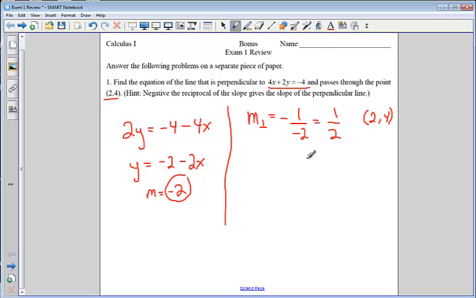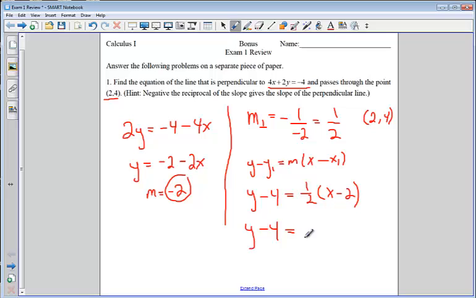And once I have slope and point, I can use point-slope form, so y minus y1 equals m times x minus x1. And I simply plug in. So y minus 4 is equal to 1/2 times x minus 2. And I can solve this then for y, so y minus 4 is equal to 1/2 x multiplied through by the 1/2. 1/2 times -2 is -1.